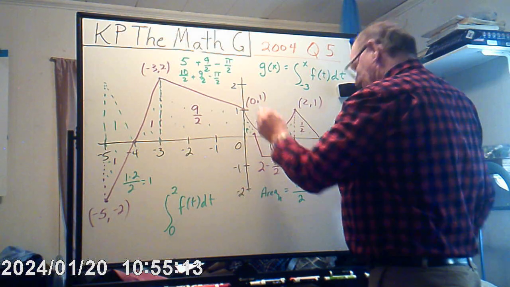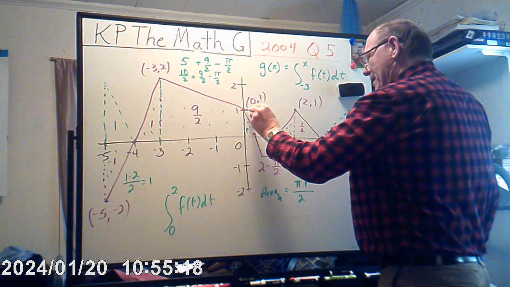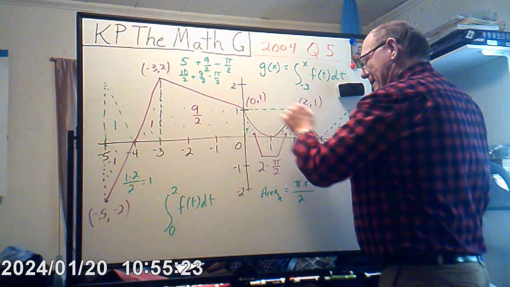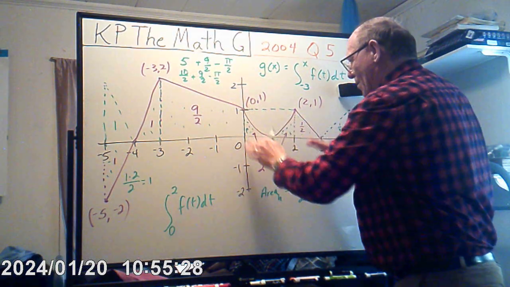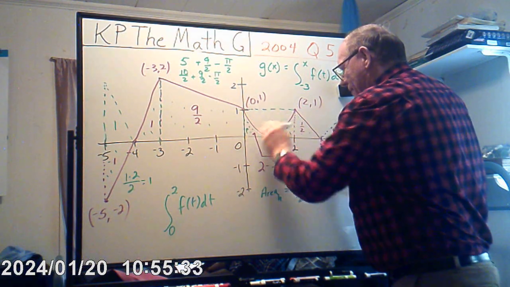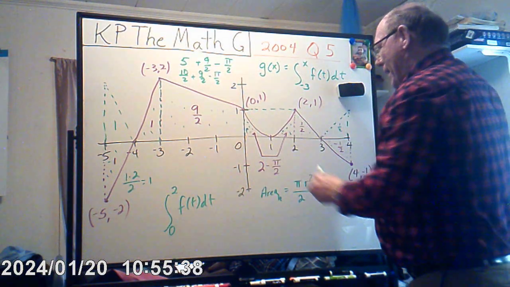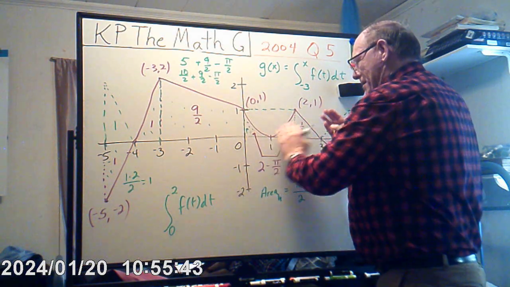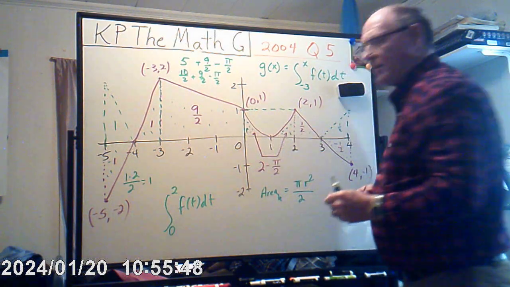That's part of the answer. We got to have that as well. But we also have a rectangle like this. If I take the area of this rectangle, the whole thing, minus this portion right here, then I will get these two portions down below here.